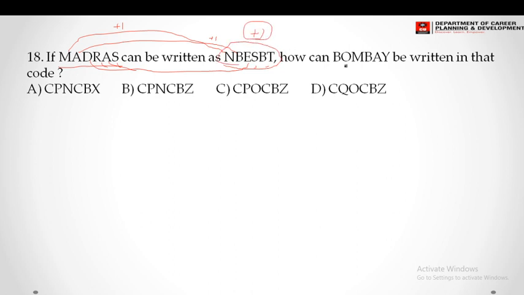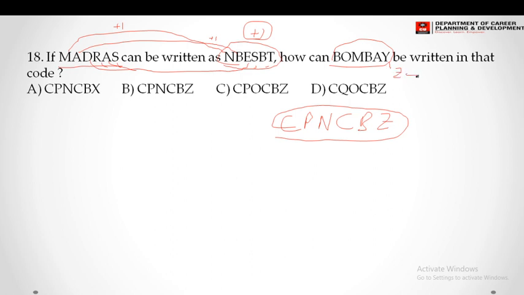Done. So now how can you write Bombay? B is increasing by 1, C, then O is increasing by 1 is P, M is increasing by 1 is N, B is C, then A is B, then Y is Z. So this will be the code. Sometimes they give, for example, Z in place of Y. So what will be the next alphabet of Z?